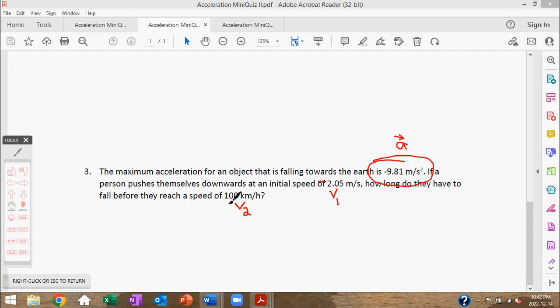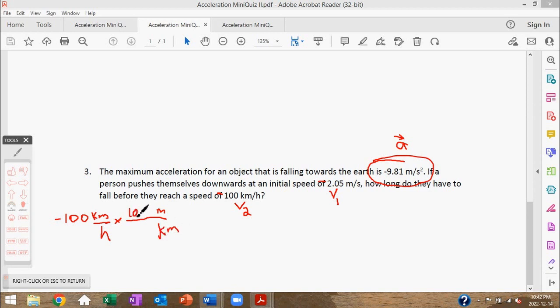One more thing that I didn't just mention. This is, of course, also going to be negative. So we have to change this negative 100 kilometers per hour into meters per second. So the long way, of course, is what we've looked at. We're really just going to be dividing by 3.6, but if you want to see the long way, here it is. I'm going to get rid of kilometers, so we put meters on the top, and the kilometers on the bottom.